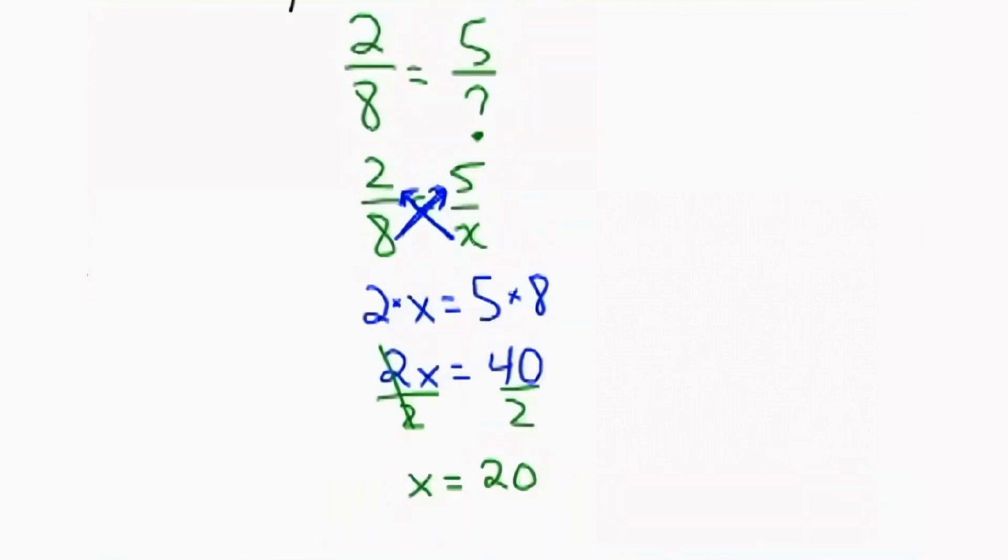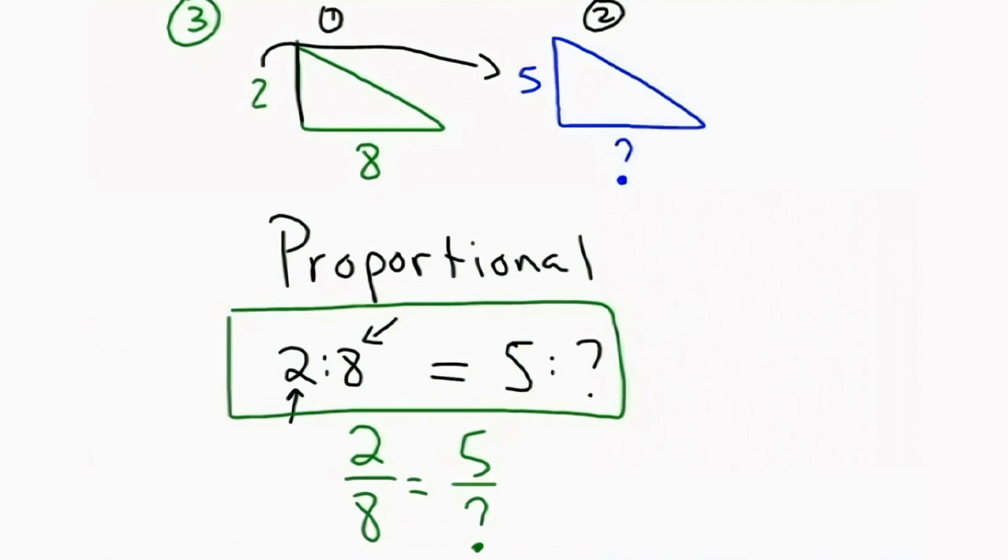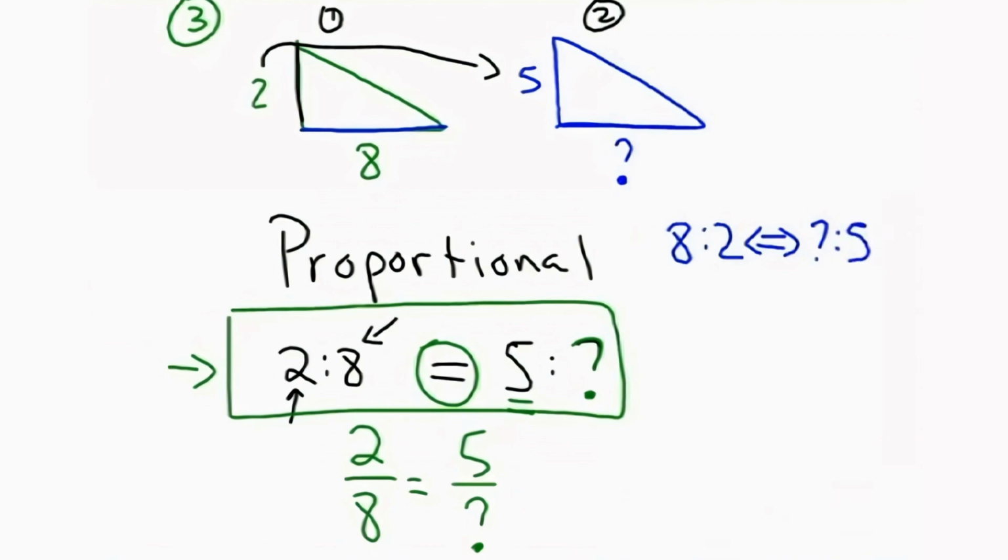So if these two triangles are proportional to one another, it means their ratios have to be written like this, and we could say 2 to 8 is the same as 5 to what? I just want to point out that had we done it the opposite way, as long as we keep the 8 and the question mark together, we could have said 8 to 2 is the same as question mark to 5.